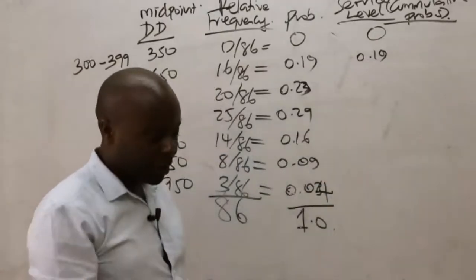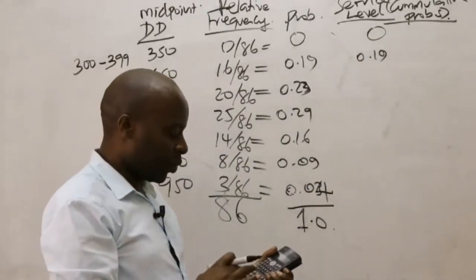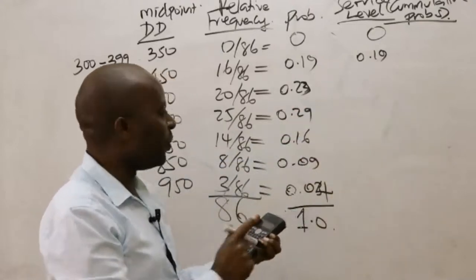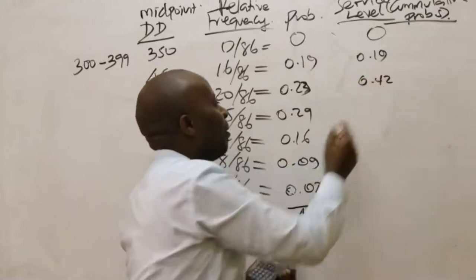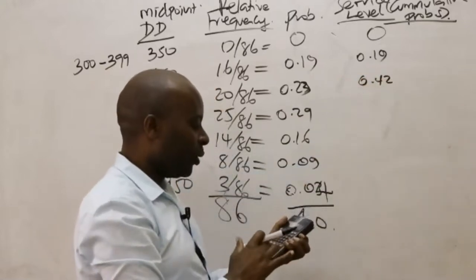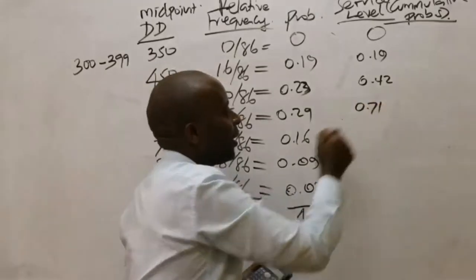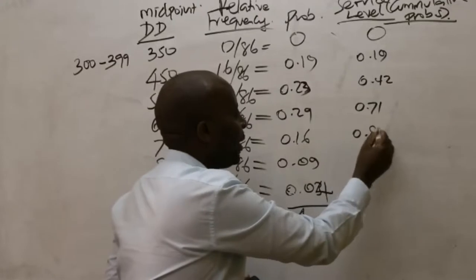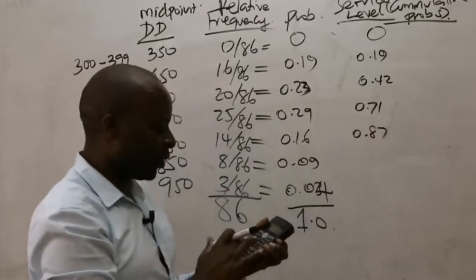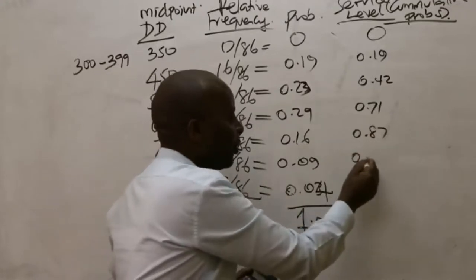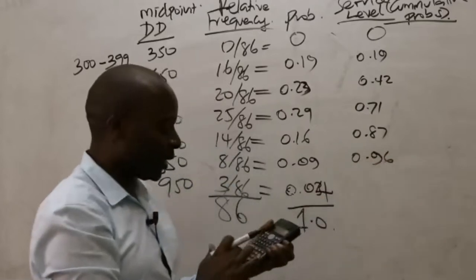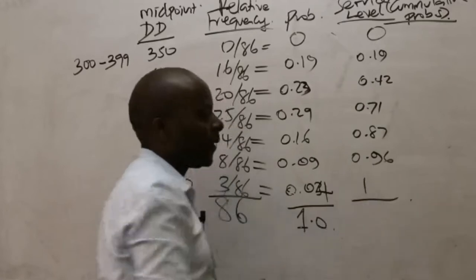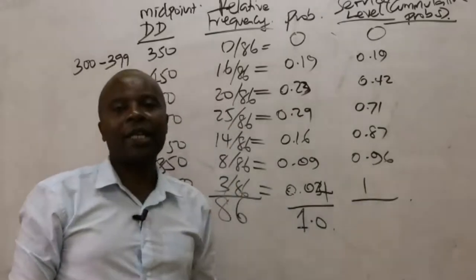With your calculator, 0.19 plus 0.23 will give me 0.42, plus 0.29 will give me 0.71, plus 0.16 will give us 0.87, plus 0.09 will give us 0.96, and then of course plus 0.04. Now we should be able to get exactly 1.